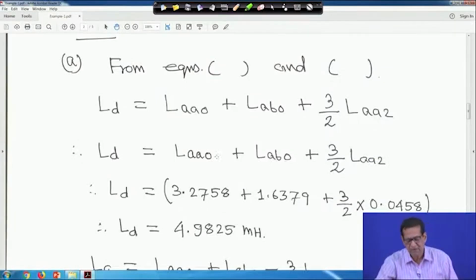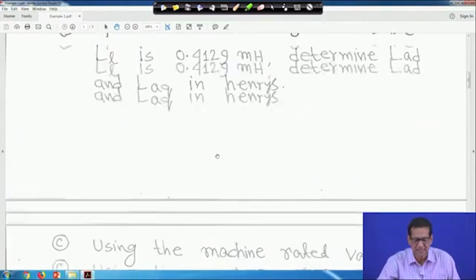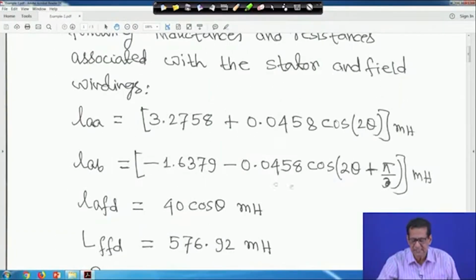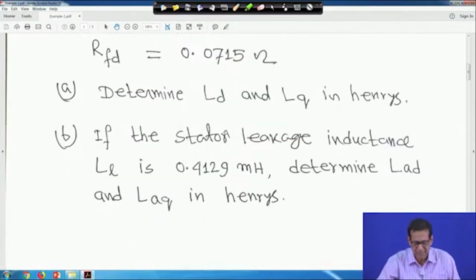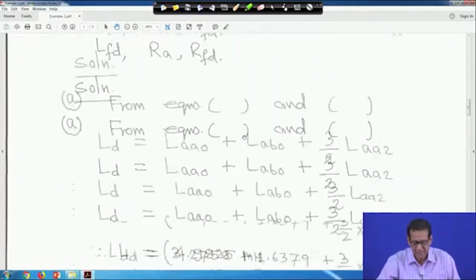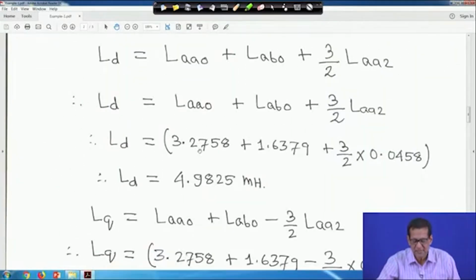Now from this data only, just go back to equation 60 and see all the quantities there. LAA0 is 3.2758, then LAB0 is 1.6379, and then 3 by 2 times LAA2, 0.0458. You directly substitute.